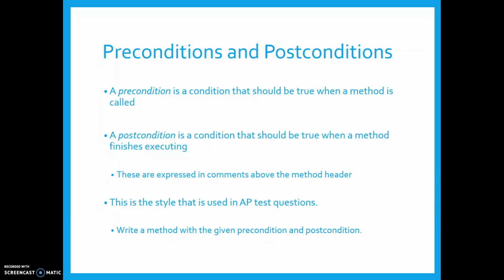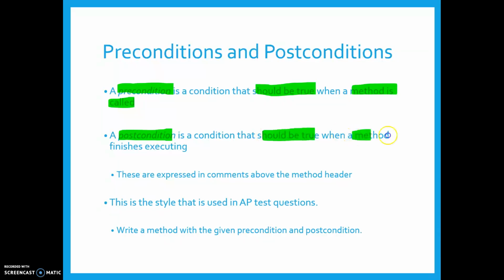Another thing that we'll see are preconditions and postconditions. A precondition is a condition that should be true when the method is called, and a postcondition is what should be true when the method is finished. And these are common expressions that the AP test uses to basically tell you what to expect when the method starts. A common thing would be saying, for example, that A is greater than 0.